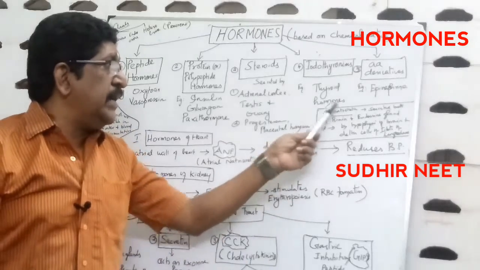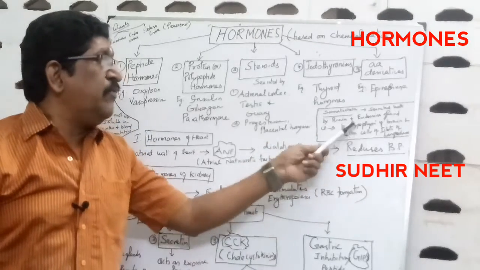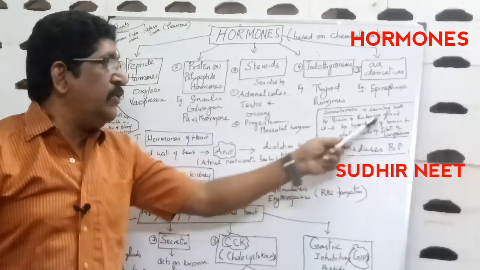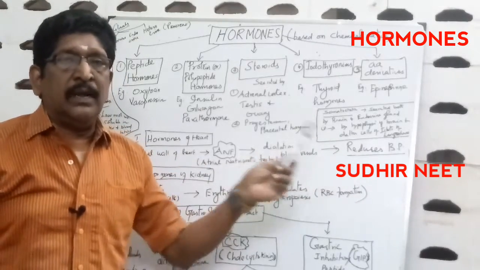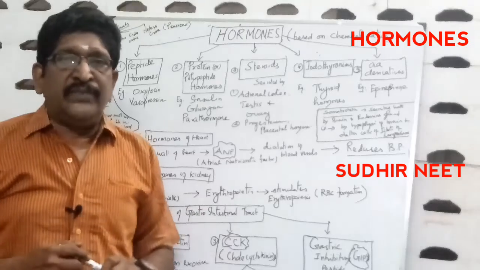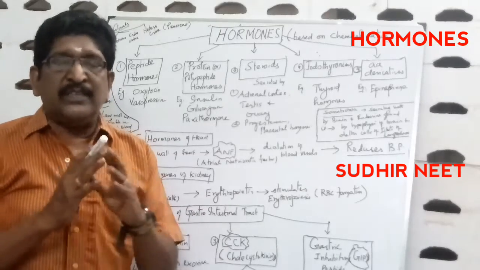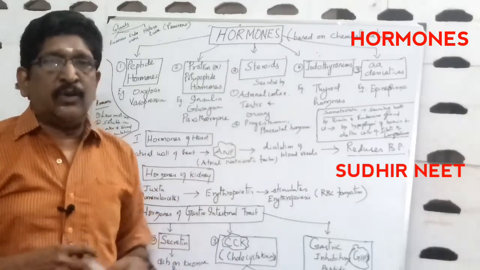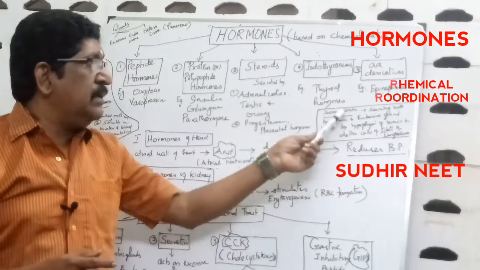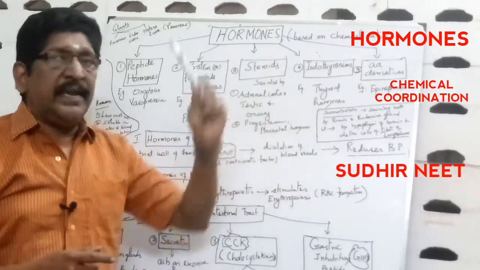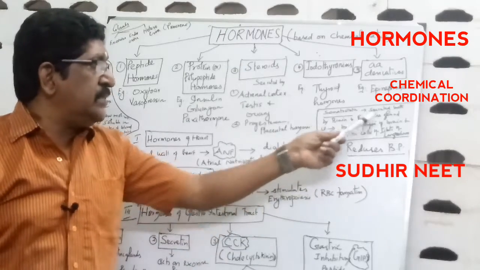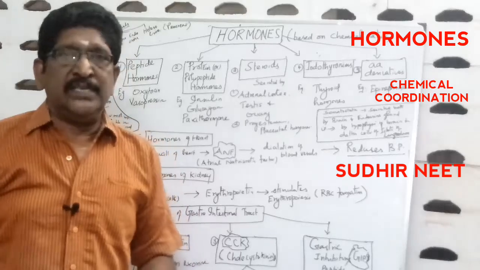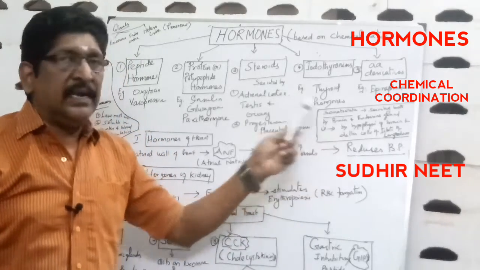Somatostatin is secreted by the hypophysis of brain and the delta cells of the islets of Langerhans. So this you must remember. On the basis of ducts, the glands are classified into three types: exocrine, endocrine and heterocrine. This was asked once in the NEET question paper.